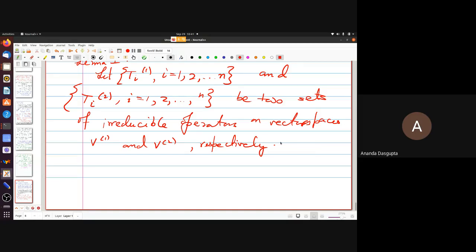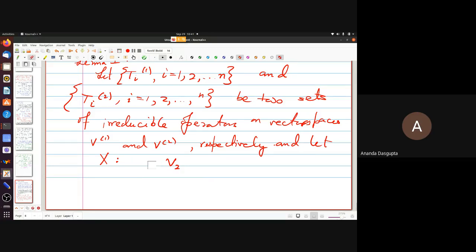So what happens if one has more than the other? All you have to do is just cut down the larger one, throw away some until they have an equal number. Well, if a set of operators is irreducible, then any subset is also irreducible. That's sort of easy to show. And let X be a map from V1 to V2. Sorry, I should use the same notation for both.